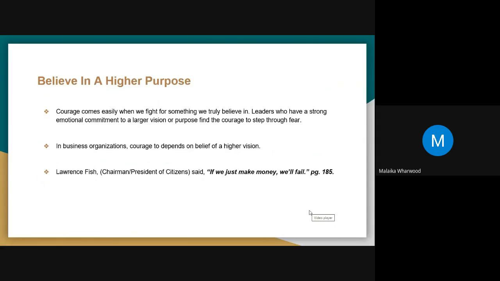And you all could visit the Daft textbook, page 185, if you all want to read a little bit more on Lawrence Fish. I will just give you all a brief bio on him, right? So he was the chairman and president of Citizens Bank, and he is known for his volunteer efforts, commitments to the community, and his unconventional approach to operating a bank efficiently with his heart to create a banking powerhouse, right?